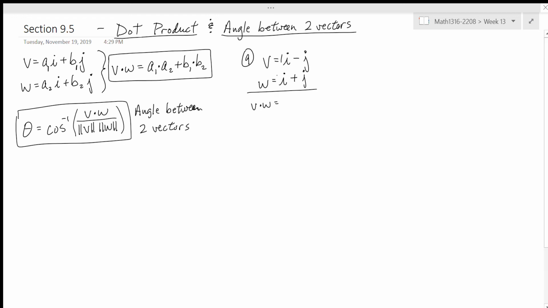So what is 1 times 1? Good. And then what does it say to do with the b values? Multiply. So that's going to be -1 times 1. That's going to be 1 minus 1, which is 0. And this is important.